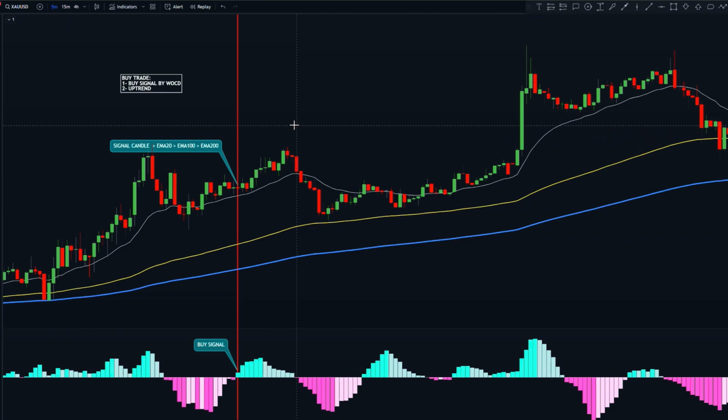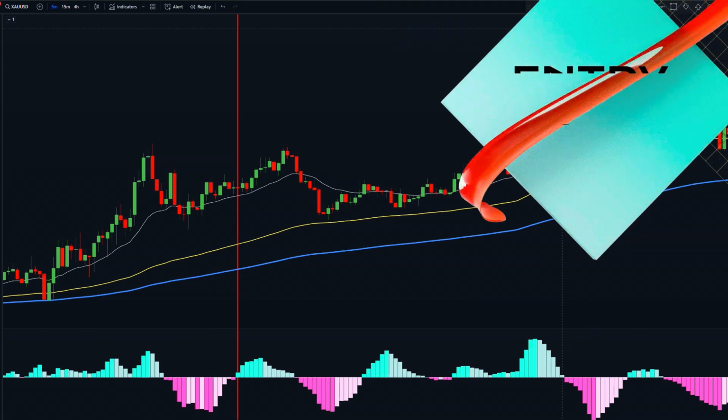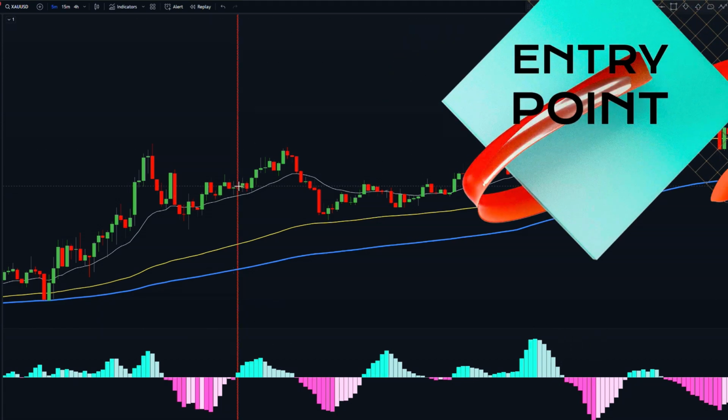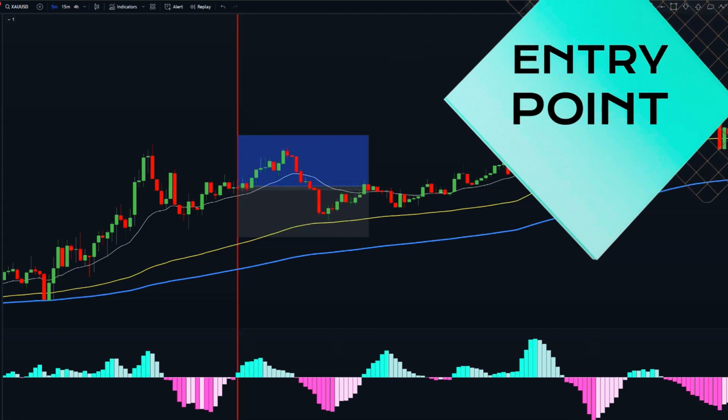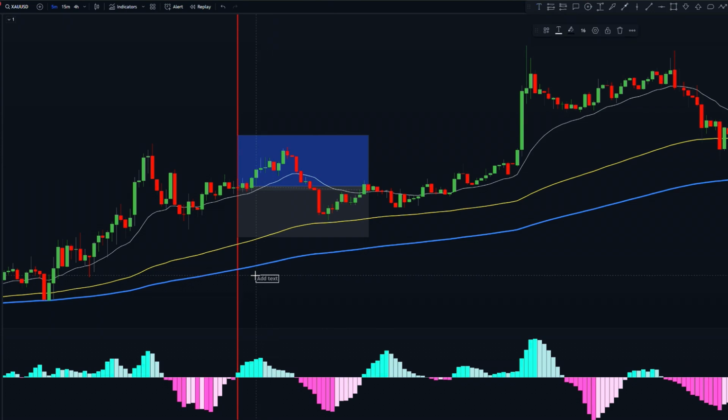Once you've confirmed these conditions, it's time to take action. Open a buy order at the closing price of the signal candle. This is the price at which the candle closes and it's a good entry point. Now, to protect yourself from potential losses, set a stop loss just below one of the moving average lines.